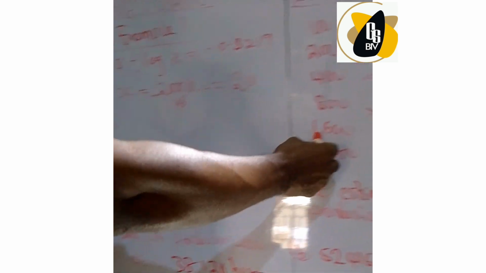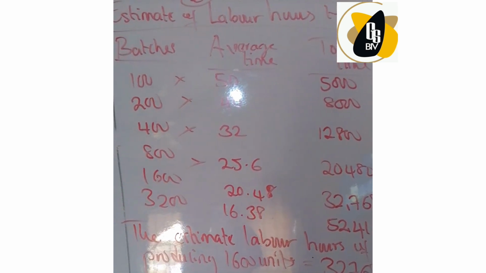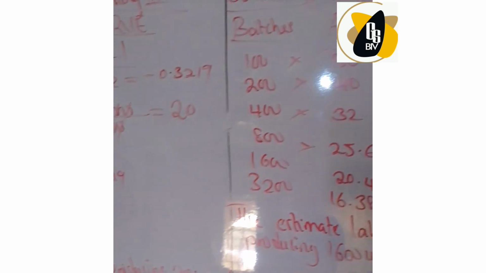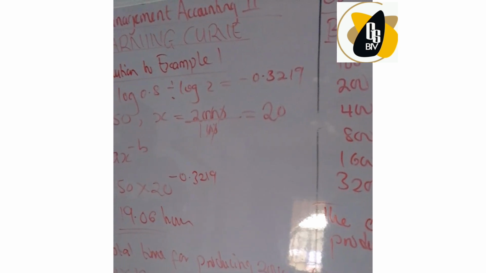Right? So if this is the total time for producing 2000 units, and the total time for producing 1600 units is this. Okay, the incremental time is what we have been asked. What is the incremental hours that was spent?